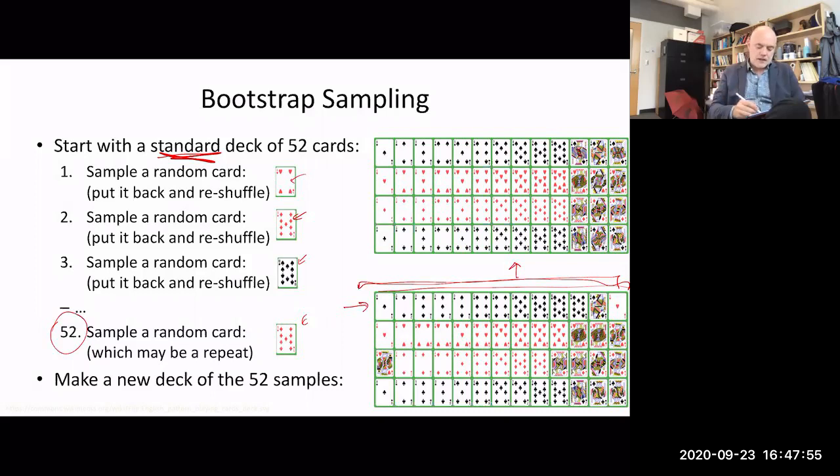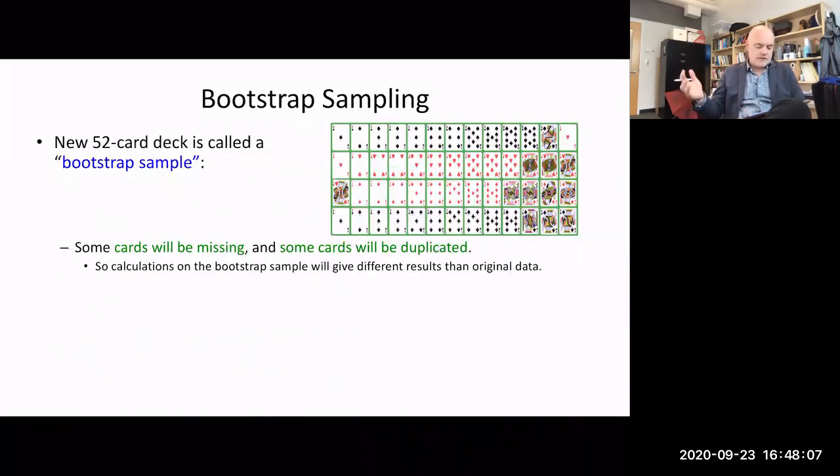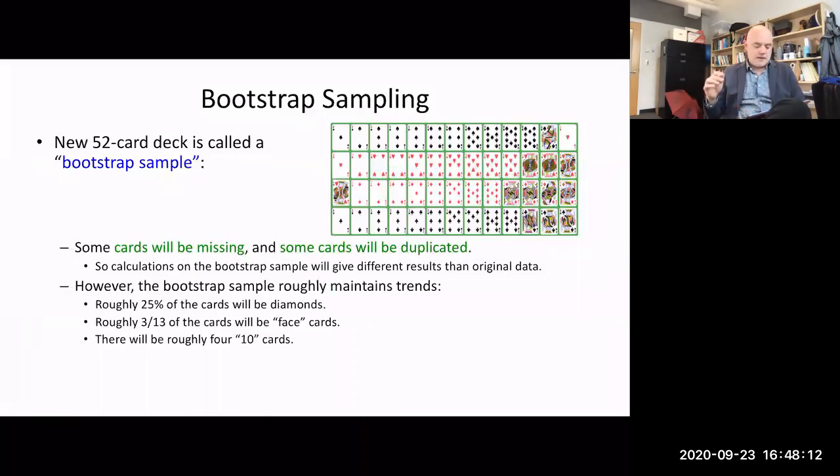Cool. So each one of these new decks, which you sample with this procedure, is a bootstrap sample. Clear enough? Okay. Some cards will be missing, some will be duplicated. Whatever calculations you do, fit a tree, compute some sort of statistics, they'll be similar, but different than the original data.